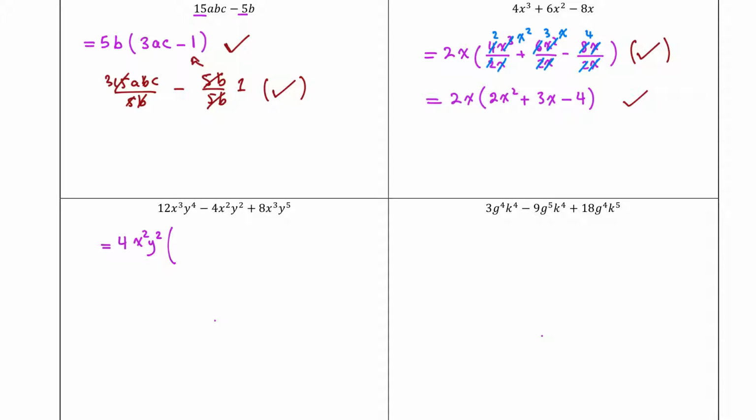Open my brackets. And again, I'll go over the long way so you folks can see what's actually happening. 12x cubed y4 divided by my greatest common factor minus 4x squared y squared divided by my greatest common factor plus 8x cubed y to the 5 divided by my greatest common factor.